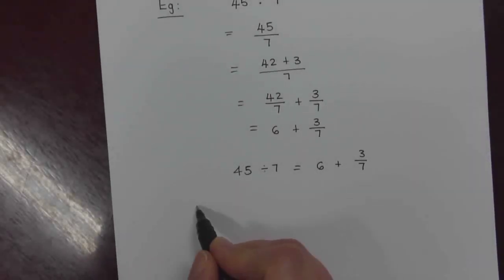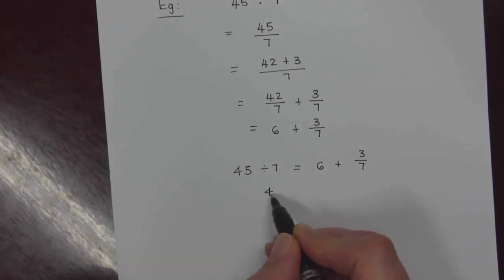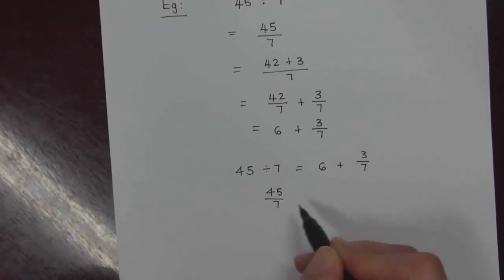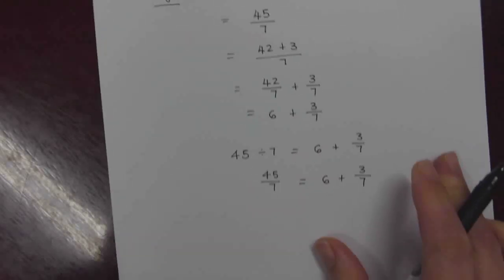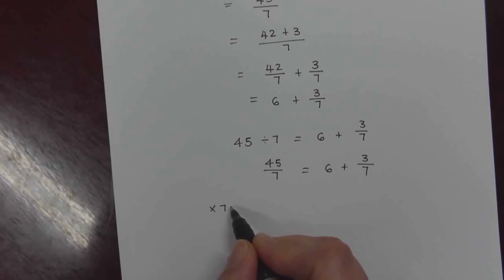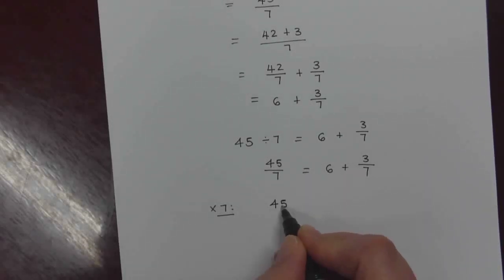And if I multiply the entire thing by 7, let me just rewrite so you can understand it a little bit better. Then I can multiply all of the terms by 7. So 45 over 7 times 7 is 45.